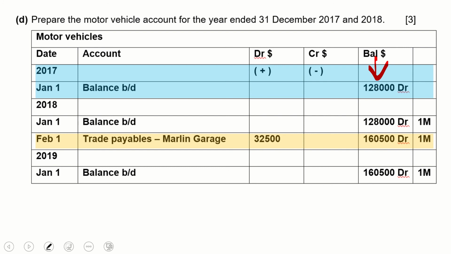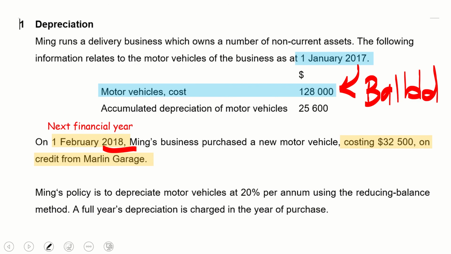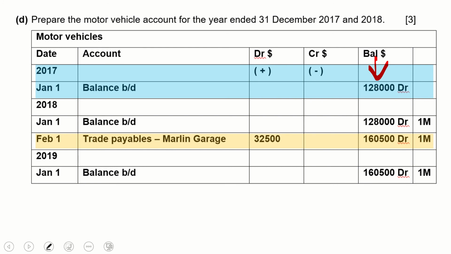Next, in the next financial year, Ming bought a new motor vehicle, and we are going to record this now. Since it is purchased on credit, we will record this in the trade payables Marlin Garage account. And how do we record this? We will record motor vehicles increase, or debit, by 32,500 on 1st of February.